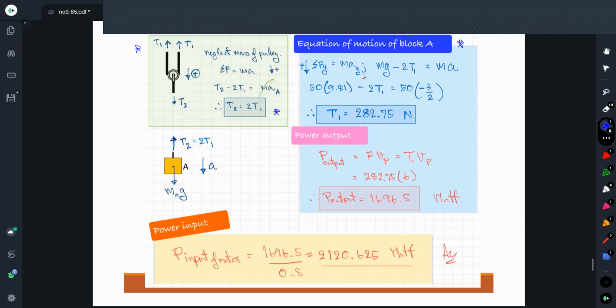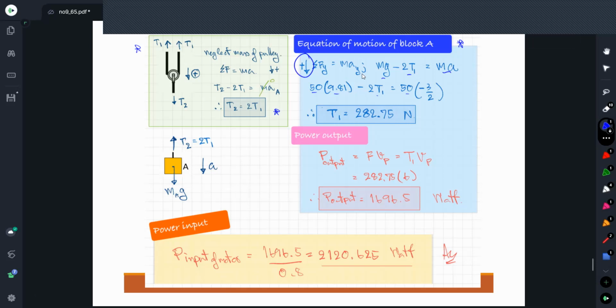For this case, considering the equation of motion with downward as positive, we get mg minus 2T1 equal to ma. We know the mass already, and the gravity constant is 9.81, and we would like to find the tension in the cable T1. We know the acceleration.